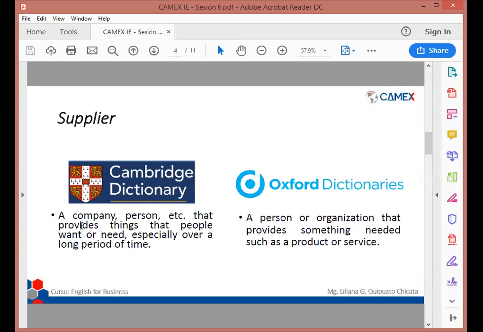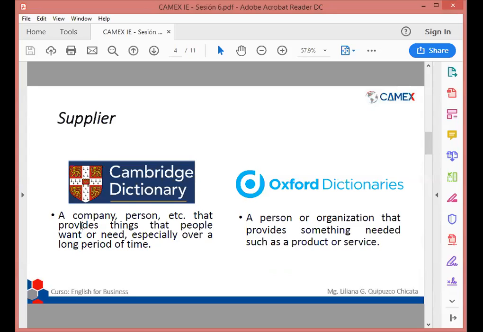If we're talking about an import company, we could talk about provide if we are going to buy a lot of products from an exporter company, and we could also talk about our supplier not in this case to buy, but to get something for free.